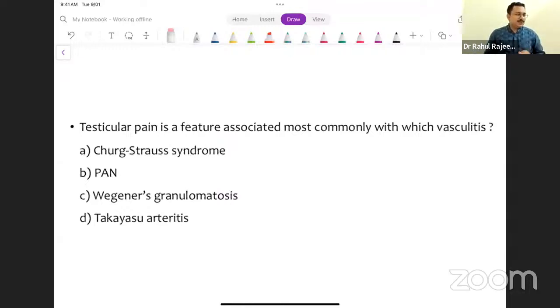Right. So I'm happy to see a good number of students taking the exam, and good to see students writing these exams as a habit. Okay, so right. I think we'll have a quick discussion on this topic of vasculitis.